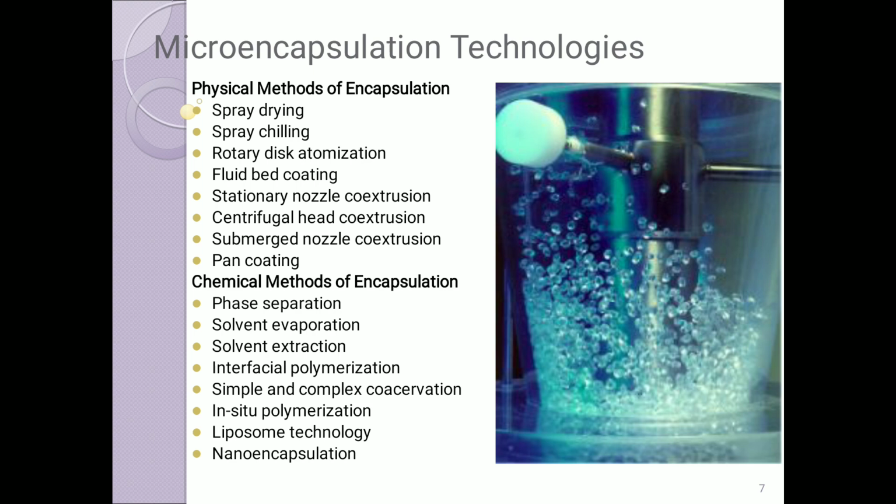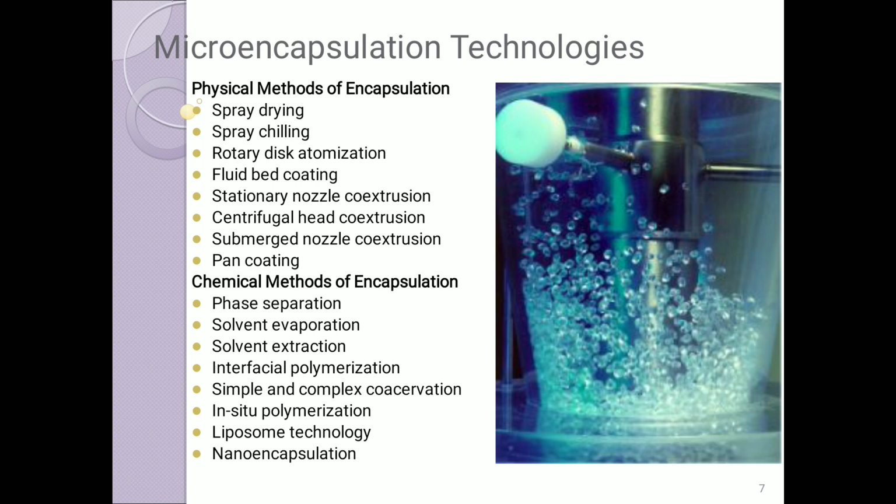In the case of physical methods of microencapsulation, it is again divided into different types: spray drying, spray chilling, rotary disc atomization, fluid bed coating, stationary nozzle coextrusion, centrifugal head coextrusion, submerged nozzle coextrusion, and pan coating.